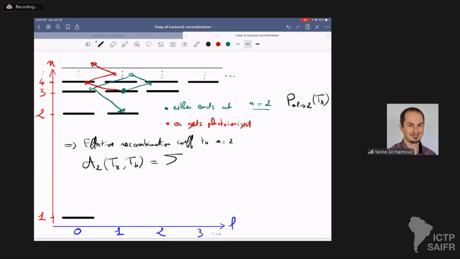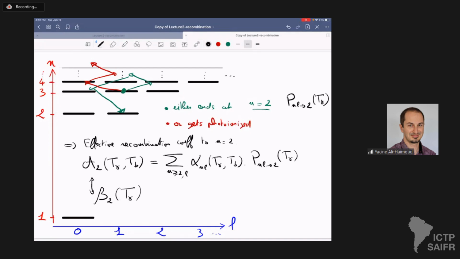So this is the sum over n greater than 2, L, of these recombination coefficients, which depend on the photon and baryon temperature, times the probability that the atom eventually ends in n equal 2. Now we want to use this, and there's still some more to be described. And corresponding to this, there's also an effective photoionization rate, which only depends on the CMB temperature.